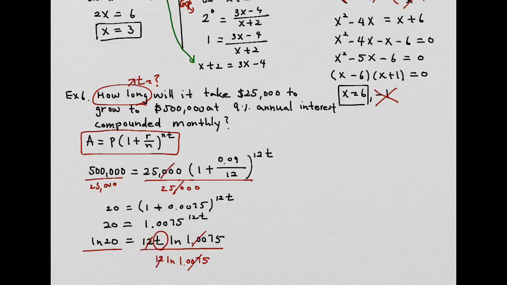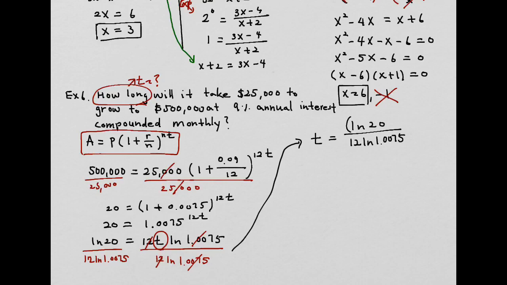Then t is equal to ln 20 over 12 ln 1.0075.